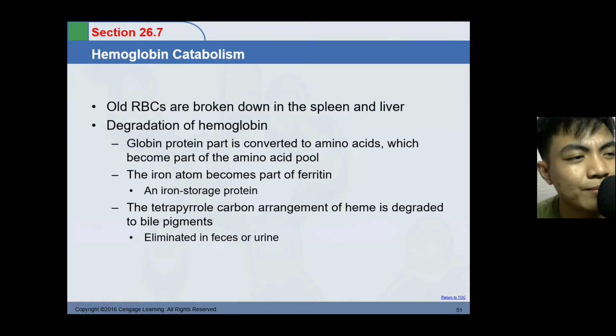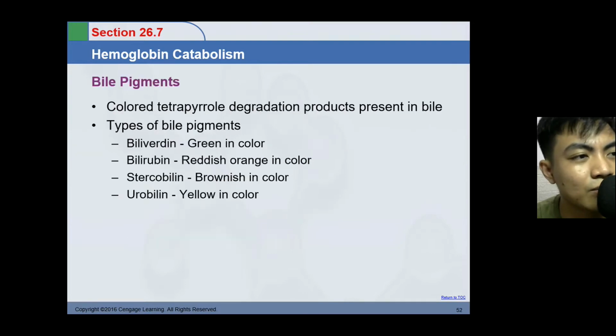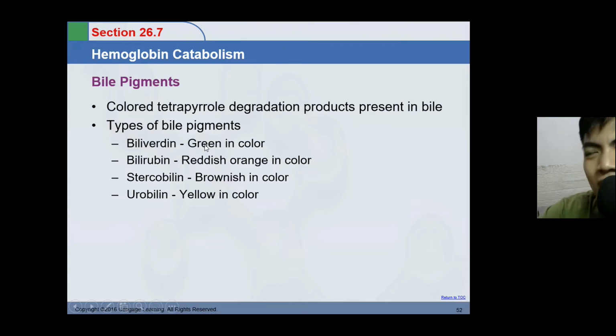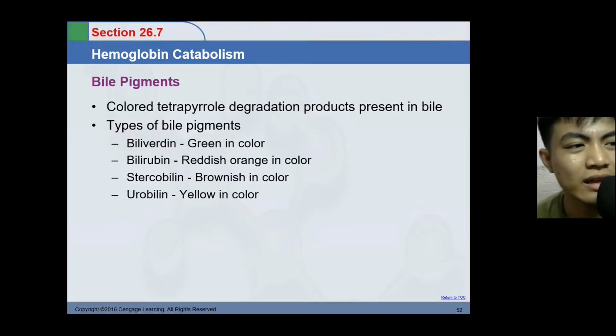So, our tetrapyrrole, our heme without iron, can become a component of bile. Okay? So, these are some of the byproducts, no? The biliverdin is green in color, that's why it's verdin, verde. Bilirubin is the reddish-orange pigment in bile. Okay, that's the end product.